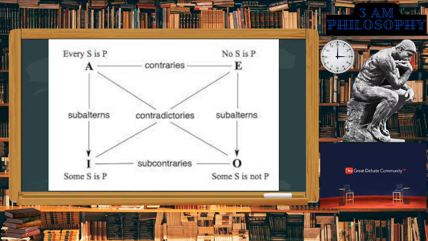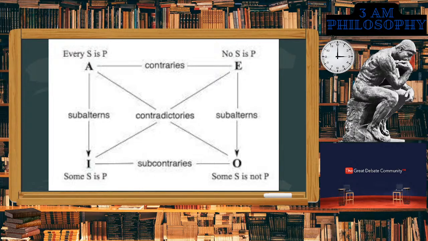If every theist believes God exists, and there are no theists that do not believe God exists, right? That'd be the opposite, right? So for every member of A, if somebody's a member of A, they cannot be a member of E. All theists believe God exists. So if you're a theist, you cannot believe God does not exist, right? So E would be the opposite of that, or the contrary. So if A is true, we've already established that E is false, I is true, and O is false.